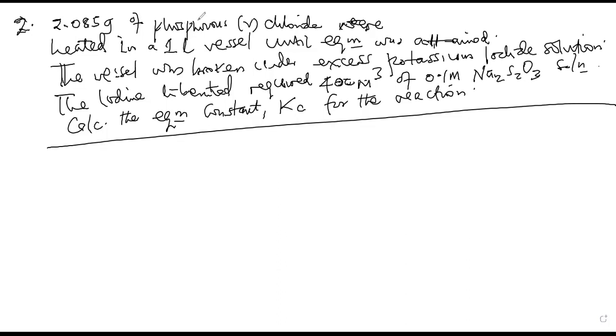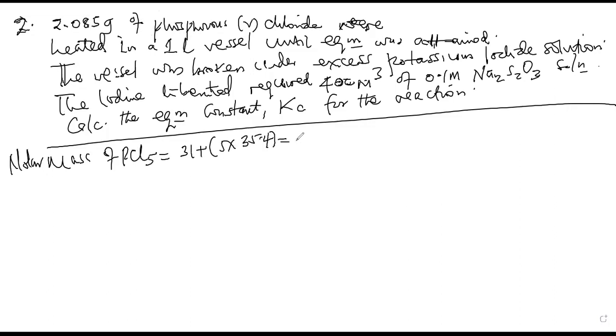So in other words, now when we are given all this, smartness matters a lot. Since we are given the mass of phosphorus 5 chloride that was heated, we can get moles which were heated by first getting the molar mass of PCl5. Phosphorus is 31 plus 5 times 35.4.